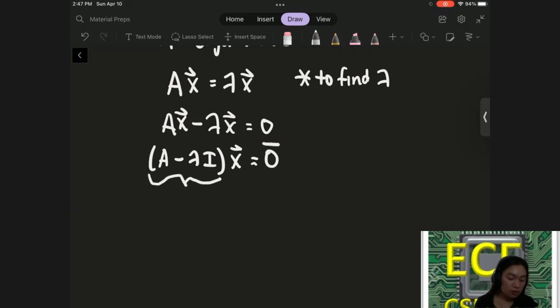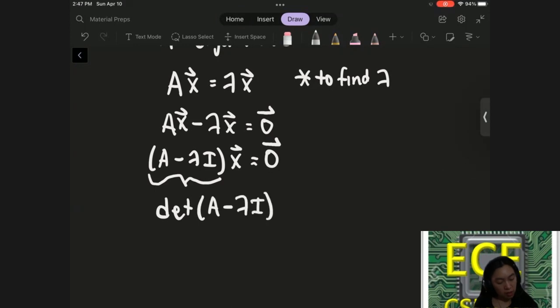But this is not just 0, this is a vector full of zeros. In order to solve this, you take the determinant of this matrix, A minus lambda I, and that's going to equal 0. And that's how you solve for the eigenvalue.